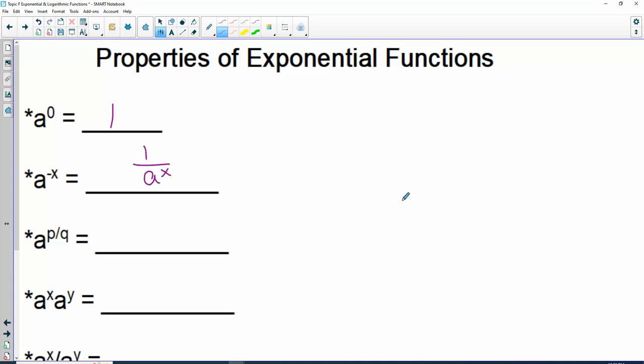Alright, if your exponent is a division, it's a root. Which one goes outside? The cube.